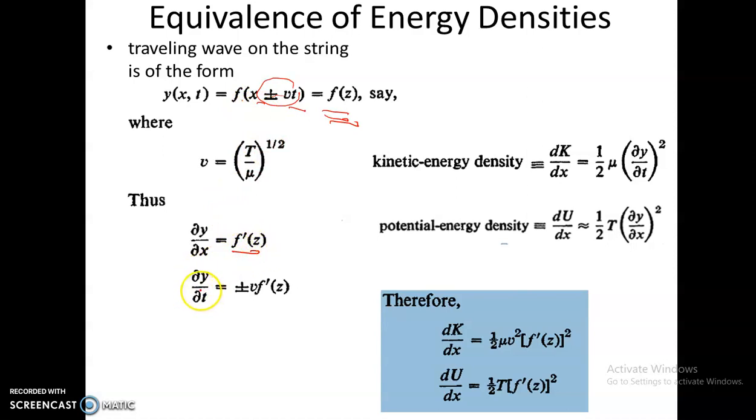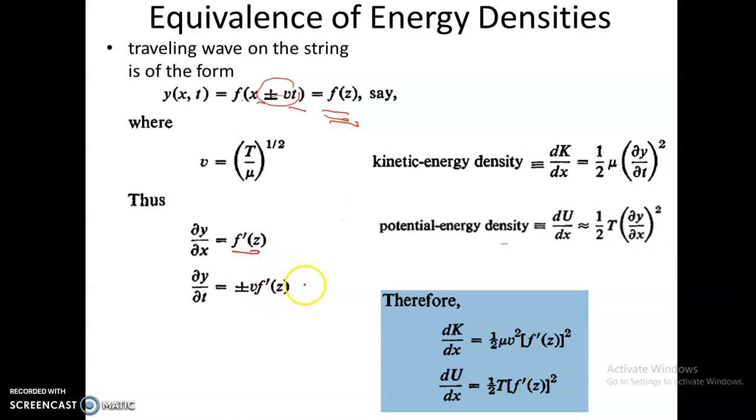Now dy by dt: the derivative of f with respect to time is f dash, the derivative of f, into the derivative of v t with respect to time, which is plus or minus v. So dy by dt is equal to plus or minus v f dash of z.